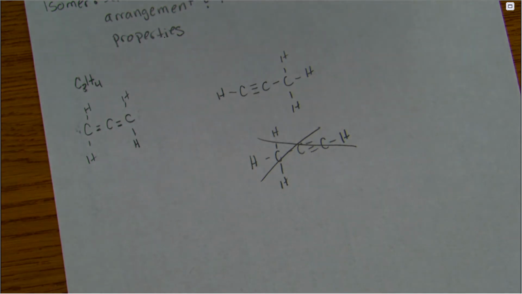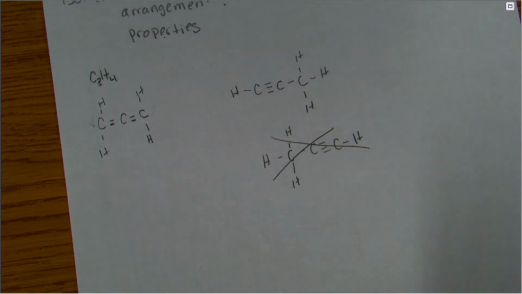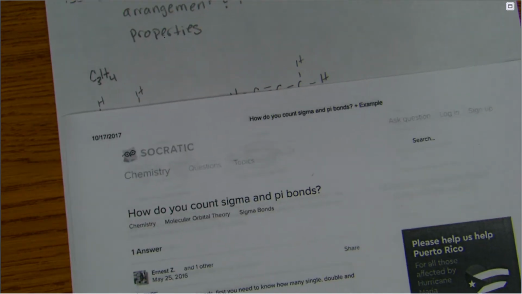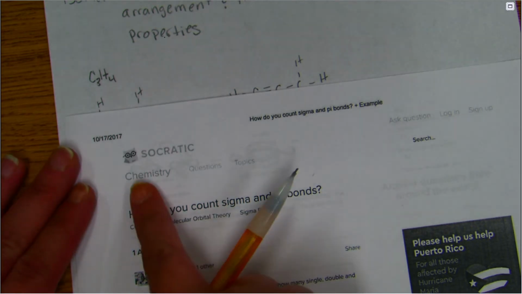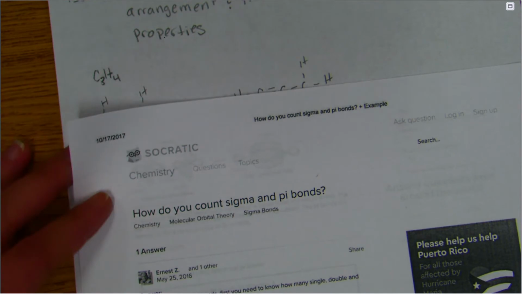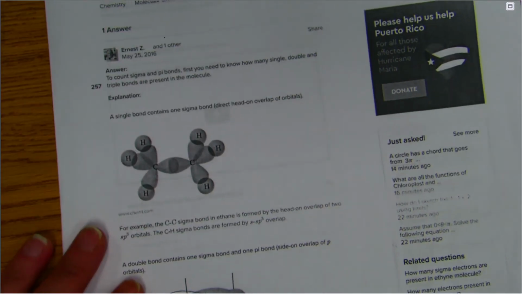Now let's look at how many sigma and pi bonds there are in these two. I've printed this off from our website, Socratic, to help us. Let's look at what a single bond is.